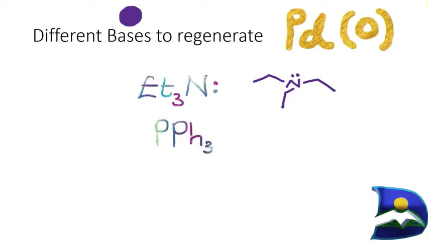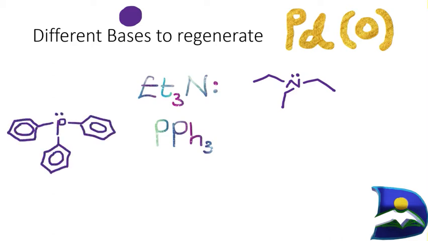Phosphines are also responsible for regenerating, and sometimes they can act in a ligand exchange process, or they can be used to activate our palladium and get it involved in the process. This could also be a solvent in that particular solution.